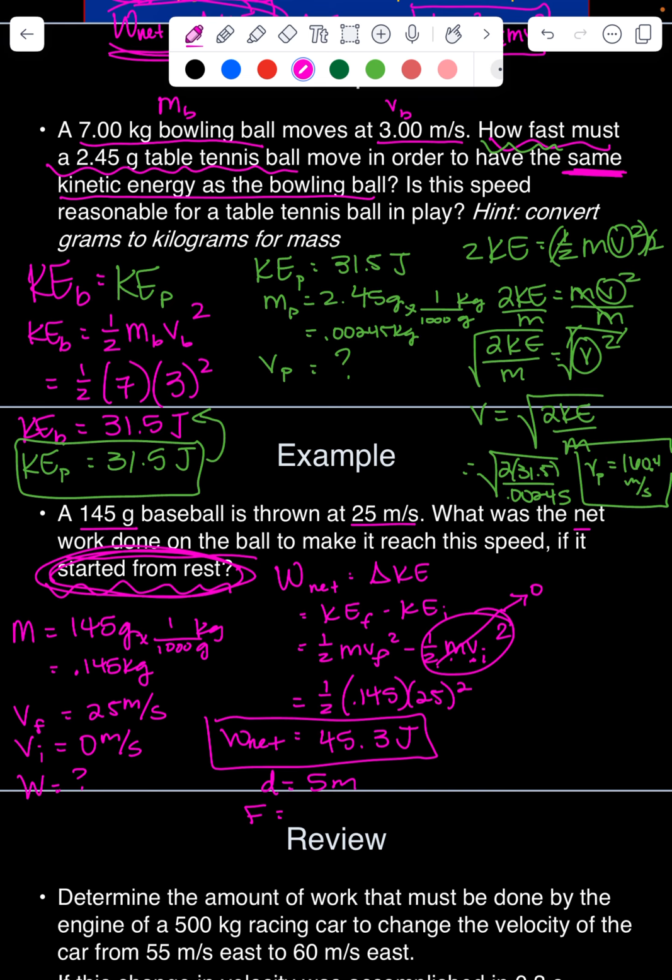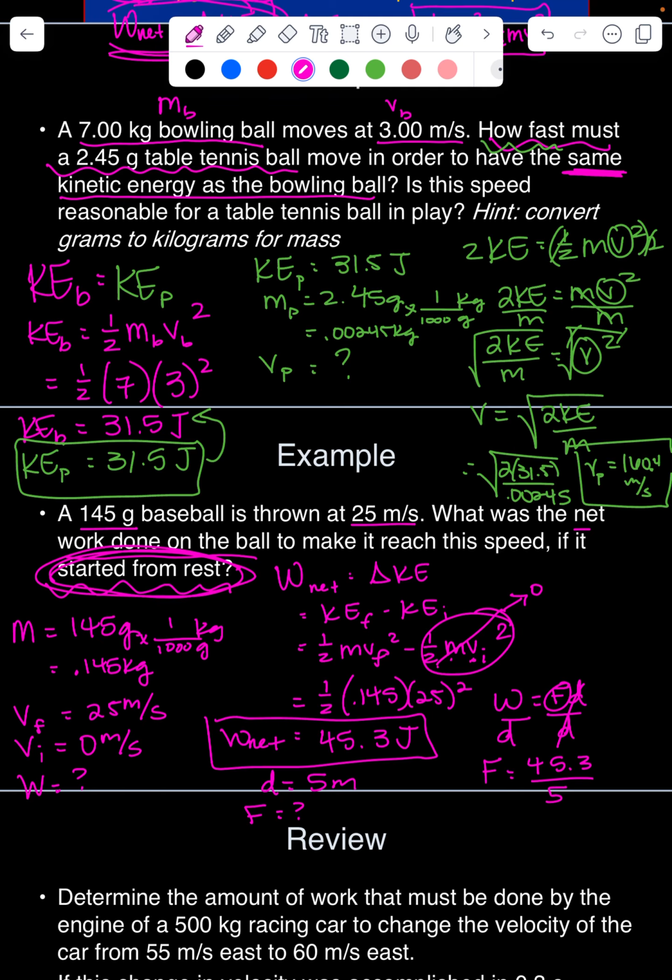Hopefully you would realize that you have work and displacement and you're looking for force. So we know that work is equal to force times displacement. If we're looking for force, we divide both sides by our distance. So our force is our work that we just found of 45.3 joules. Our distance is 5. We divide those.